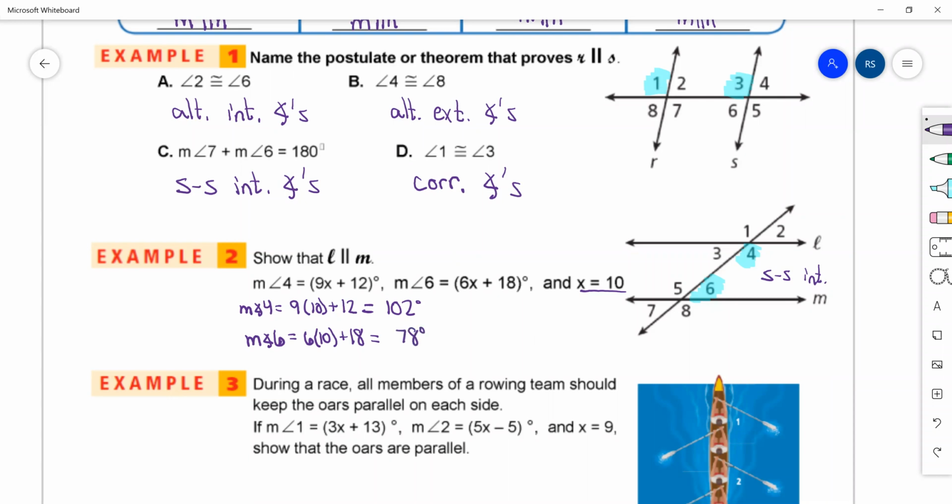So now let's see if we add these together. So we do the measure of angle 4 plus the measure of angle 6. It's going to be 102 plus 78. What's that give us? 180. So what's that mean about these? 4 and 6 add to 180.